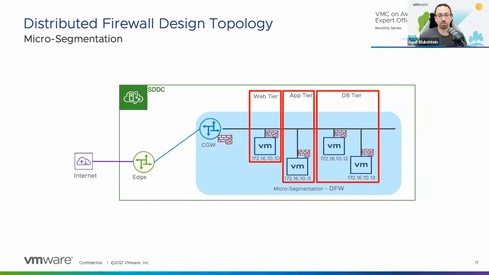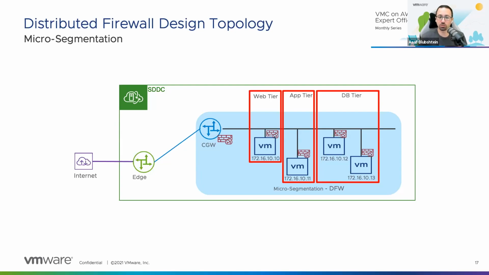The second type of firewall that we have in the SDDC is the distributed firewall. If you're not familiar with it, the model is that instead of securing an entire segment, because of the distributed model of NSX, we are able to place a firewall at the VNIC level.